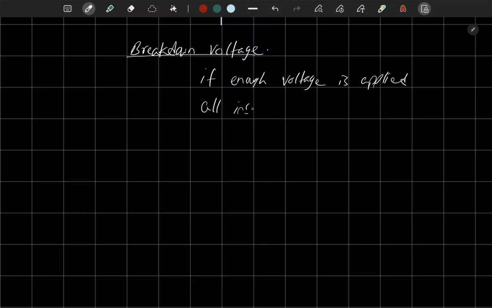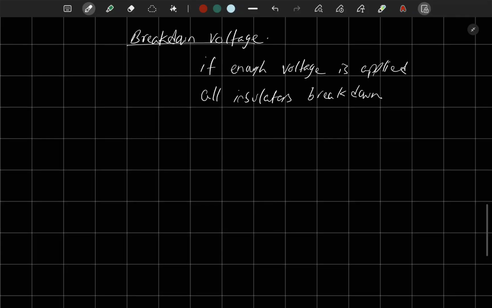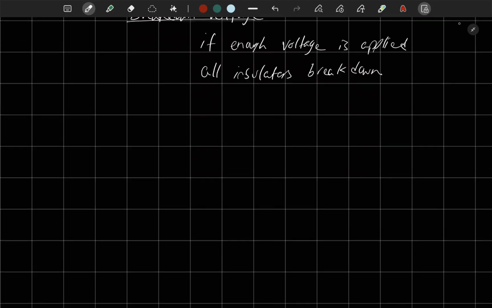All insulators break down, and the voltage at which they break down is called the breakdown voltage. Now each diode has a breakdown voltage in the reverse bias. This varies from diode to diode, depends on each diode and the manufacturer.